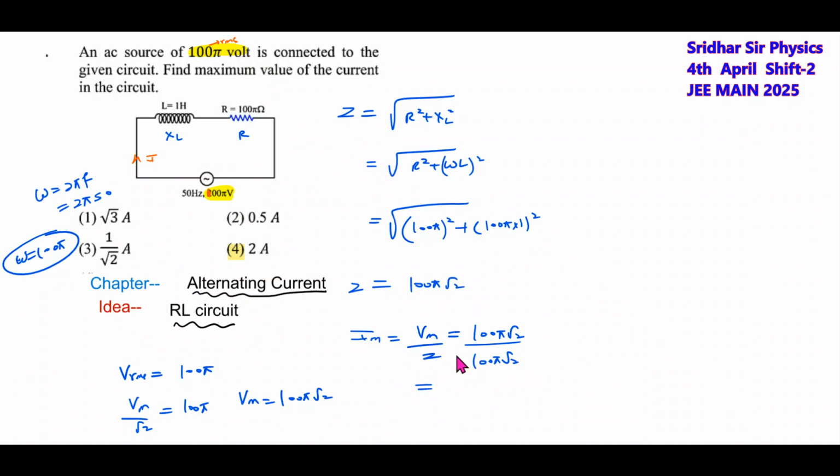The maximum value of the current in the circuit will be 100 pi root 2 over 100 pi root 2, this will cancel out, and become 1 ampere. Now the key correction: I'll make it 1 ampere. Something was typed differently, but it should be 1 ampere. So whenever they mention the AC voltage, it will be RMS. This is a convention. This idea you have to remember.